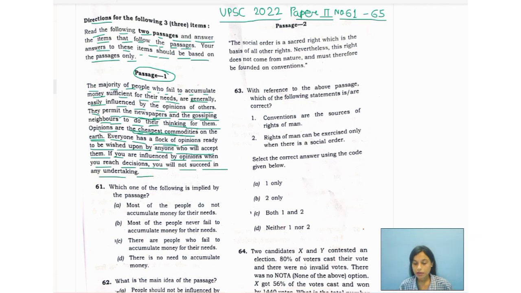So if you do not think in your own way and you entirely depend on opinions for your thoughts and mindset, your decision will be hampered in a very wrong way, and you won't be able to succeed in any undertaking.